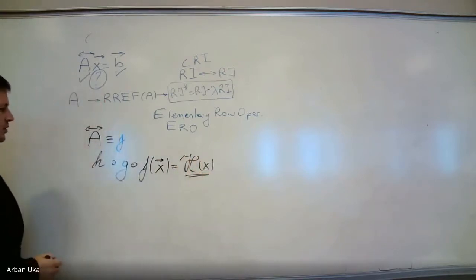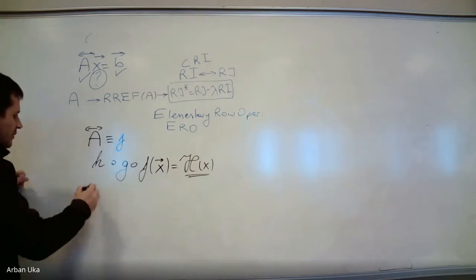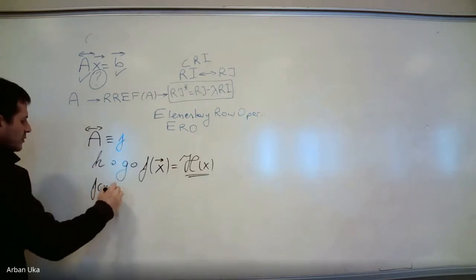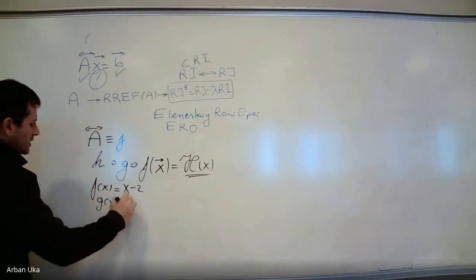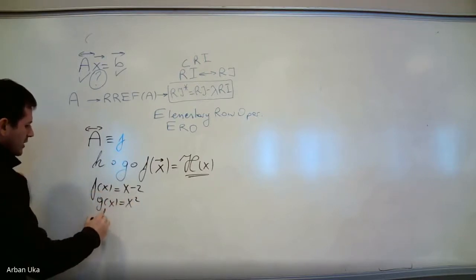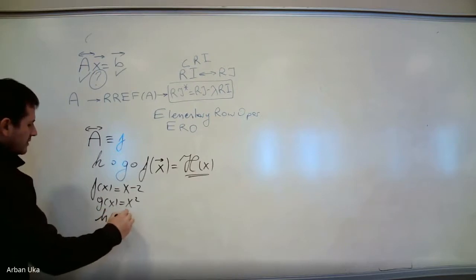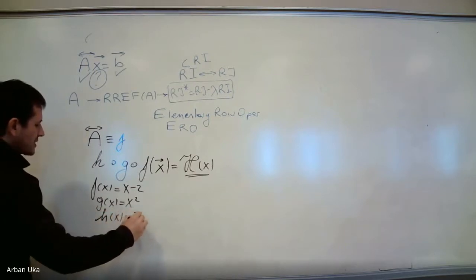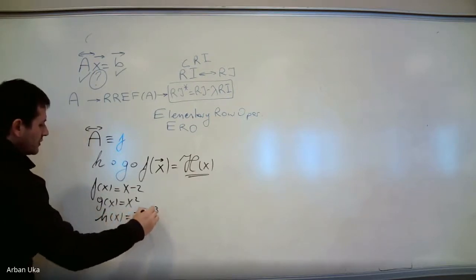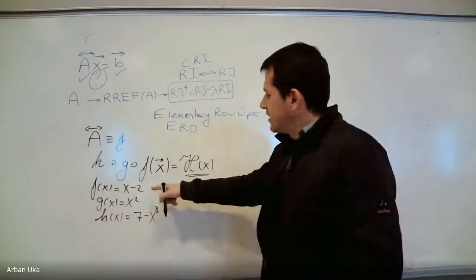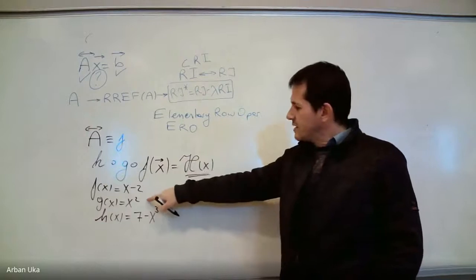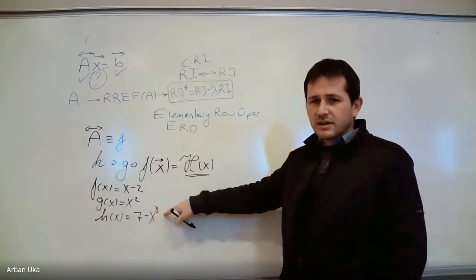So what do we mean from here? Let's give an example. We can have f of x is equal to x minus 2, g of x is equal to x squared, and h of x is equal to 7 minus x cubed. And then this is a linear transformation, this is another linear transformation, this is another linear transformation.